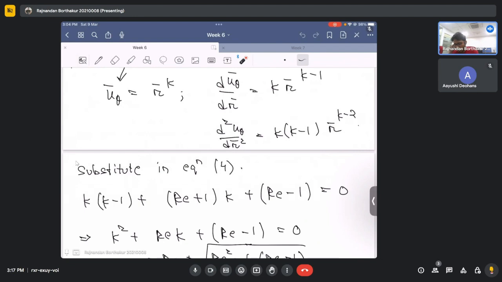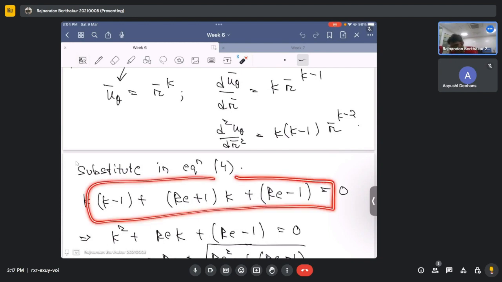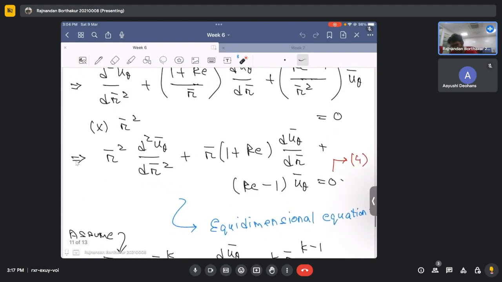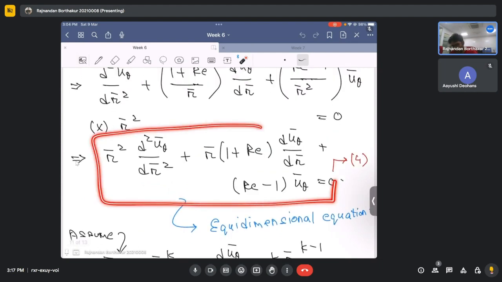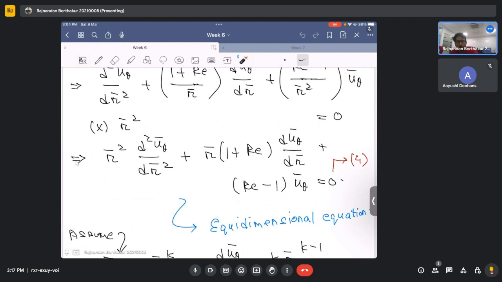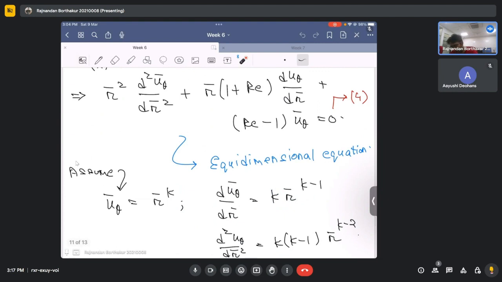So we solved the theta momentum equation by plugging in the r velocity field, which was minus 1 by r, and we ended up getting an equidimensional equation of this form. Sometimes these equidimensional equations are also known as Euler's equation, and they are often solved by considering the variable to be of the form some r power alpha, or let's say some r power k.